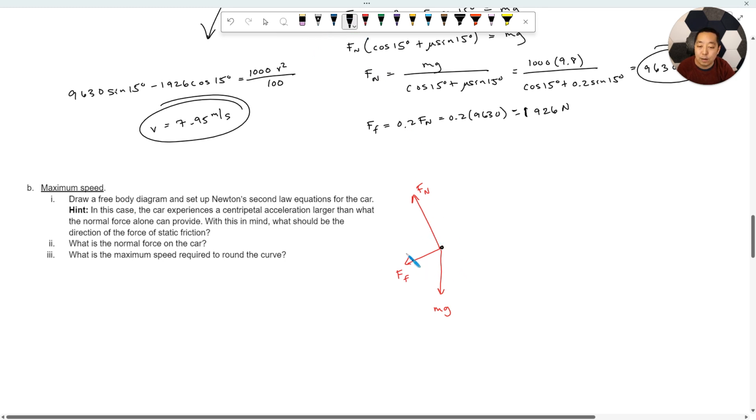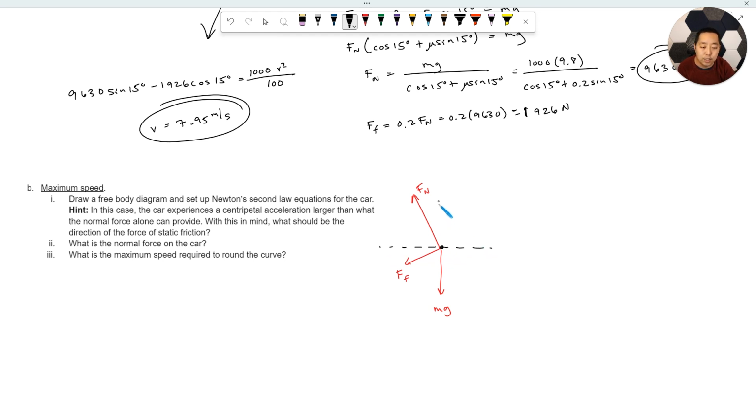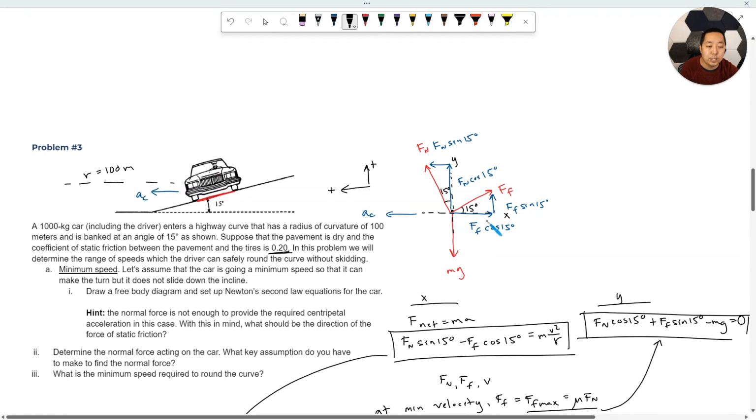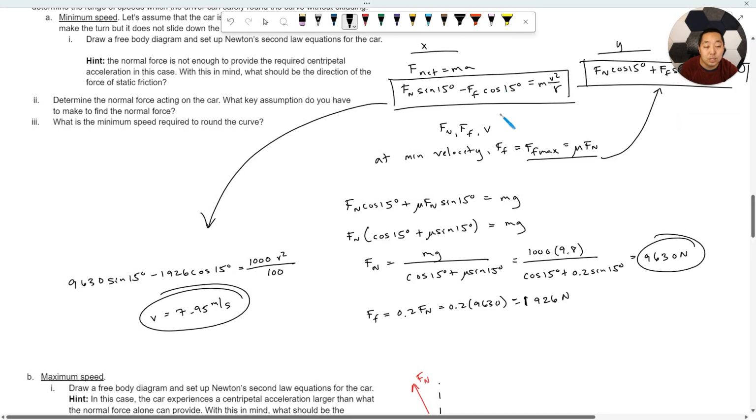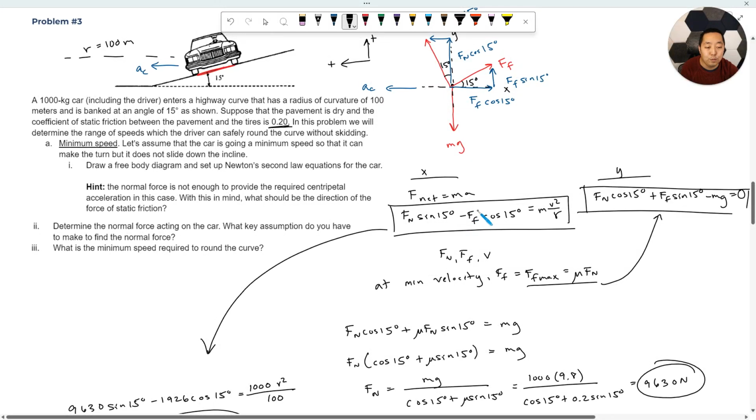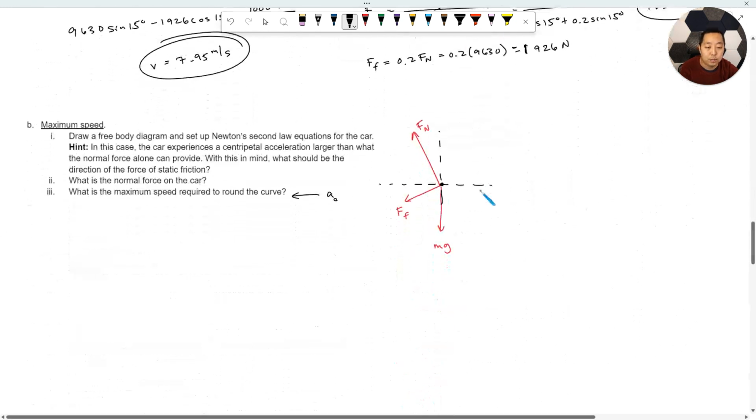Now, if you actually think about it from a shortcut on this, so what's the normal force on the car? Now, think about if the centripetal acceleration is still to the left. The only thing different in this scenario is the direction of the frictional force. So honestly, it's going to be the same equations, but everywhere the frictional force is, you're going to flip the sign because it's pointing the wrong way.